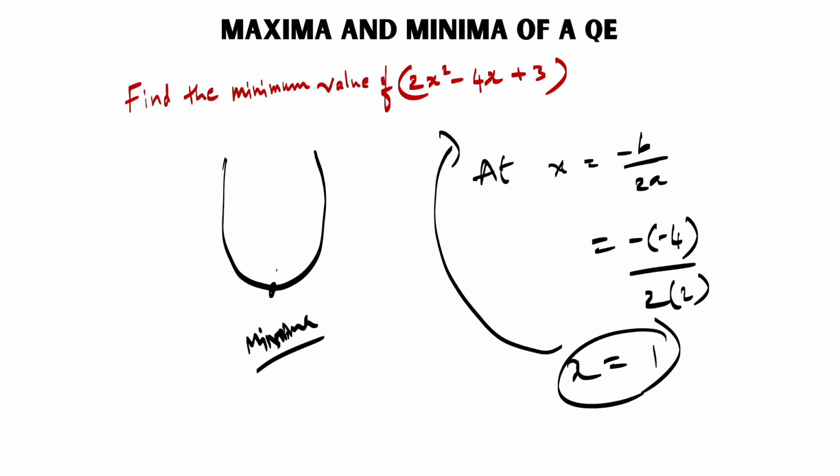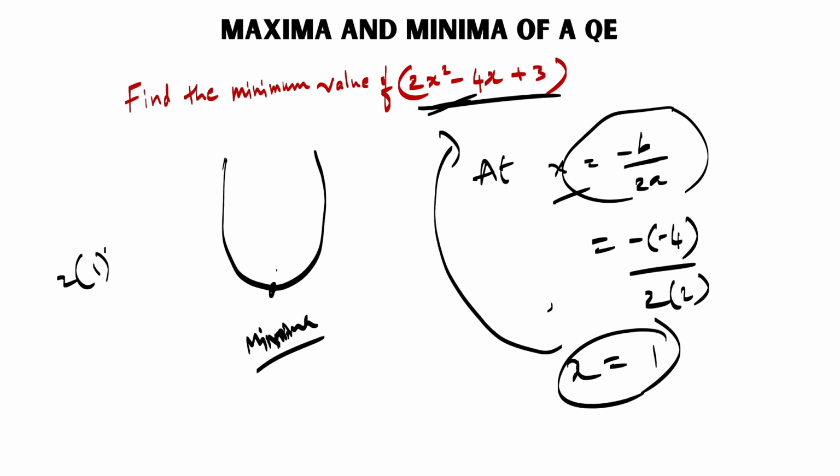To get x, we substituted the coefficients in minus b by 2a. That's why we'll get minima at this point. After getting the value, we have to substitute in the quadratic function to get the value. To get the point, we use this. To get the value, we directly substitute here, right?